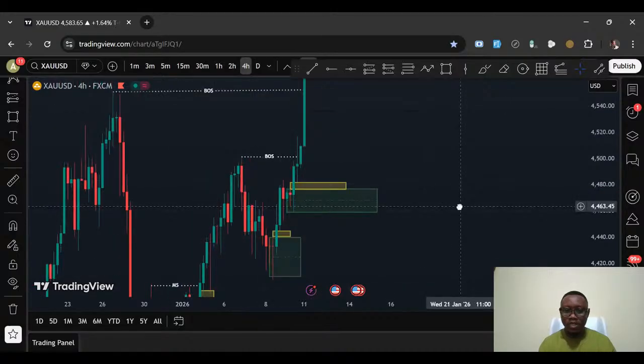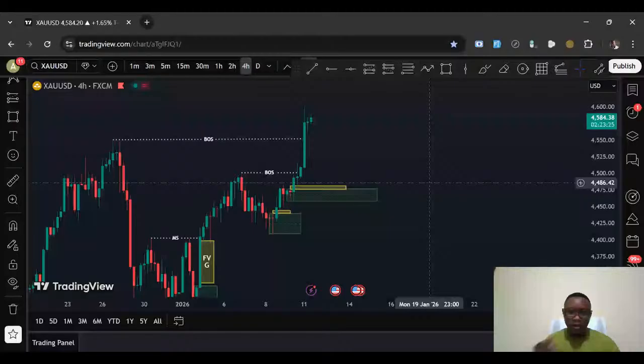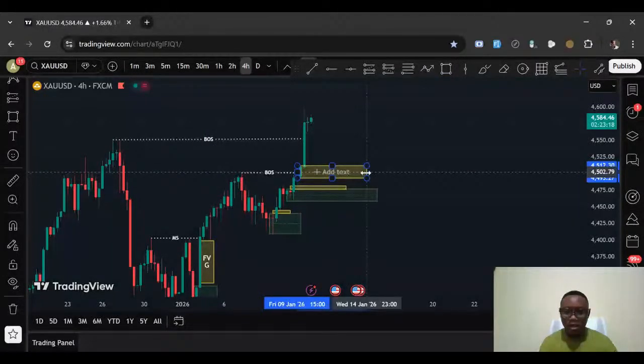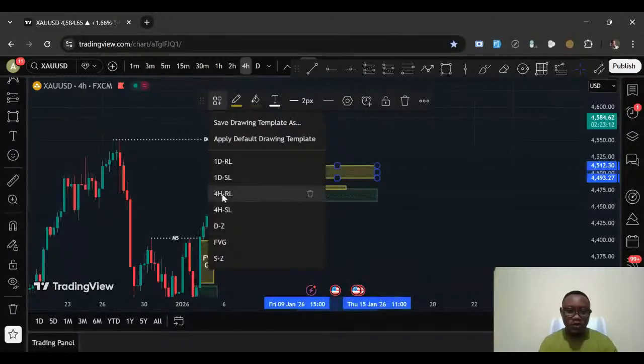Again, I'm more interested in the most recent zone where price could potentially retest. Okay, so I think this is the only zone I can see on the 4H time frame. Okay, there is another zone here. This is also a zone. Met all the four criteria for a valid order block zone.